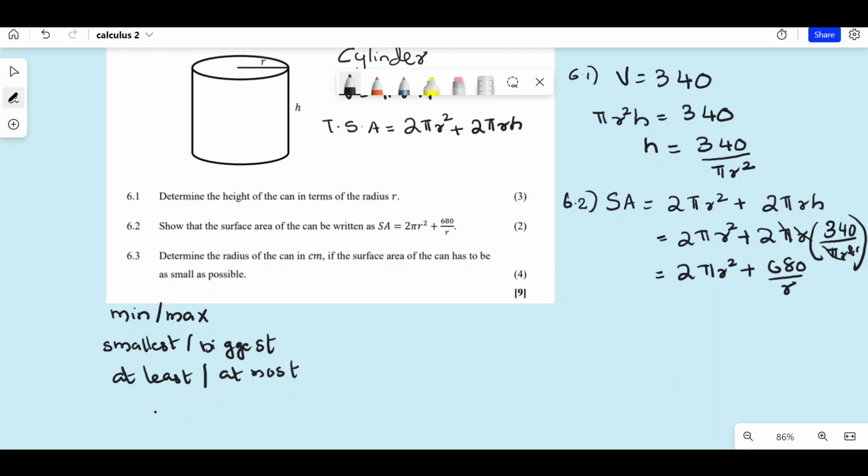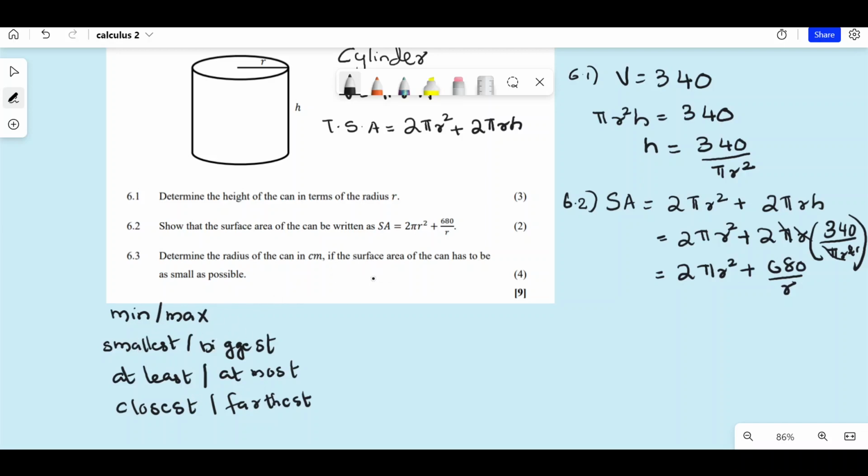Then I have also seen questions with closest or farthest. These are the words that they can use in the problem. So all this means minimum or maximum.